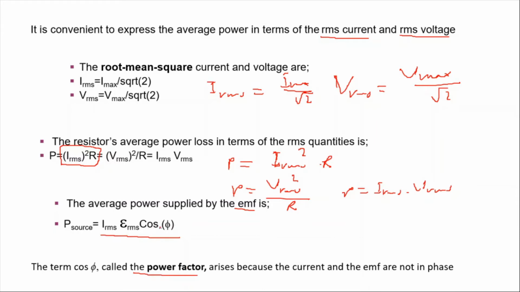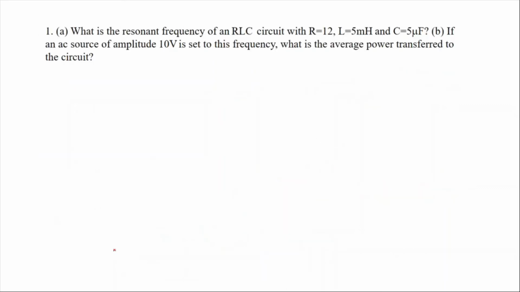This comes from the fact that the current and the voltage in the circuit are always changing, and that's why the P max for the source will be equal to I RMS times E RMS. But to get the instantaneous value, if the current and the voltage are not in phase, then we need to multiply by the cosine of phi to find the power of the source. Let's continue with some examples.